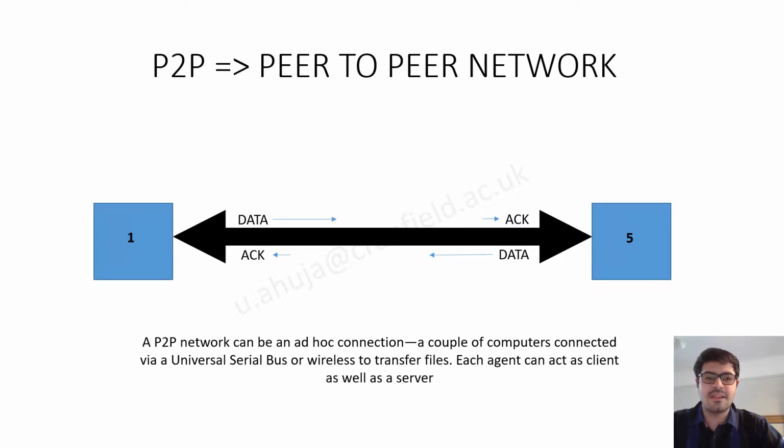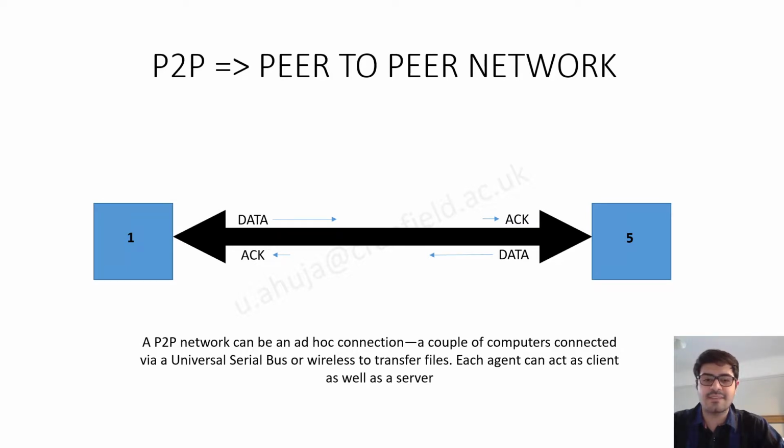So basically it's a duplex methodology of communication, where data is sent to the other agent while data is also received from the other agent, and so there is more bandwidth and faster data communication between both of them. That's why we mention here that a peer-to-peer network can be an ad hoc connection, a couple of computers connected via a universal bus or wireless to transfer files.